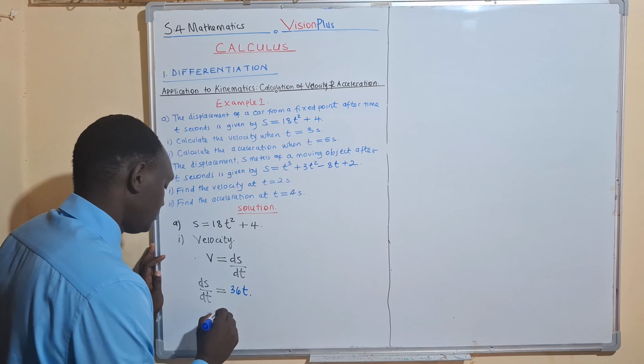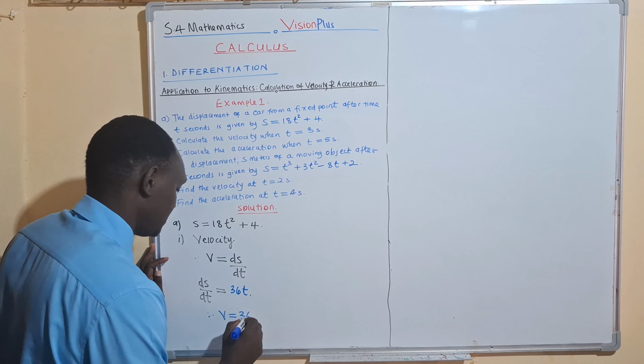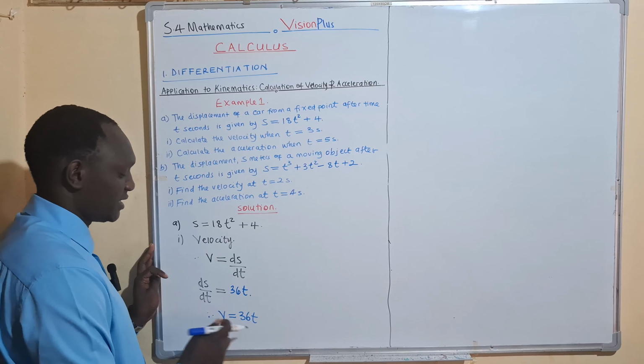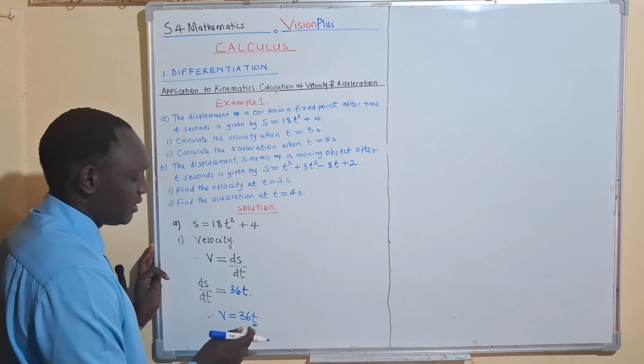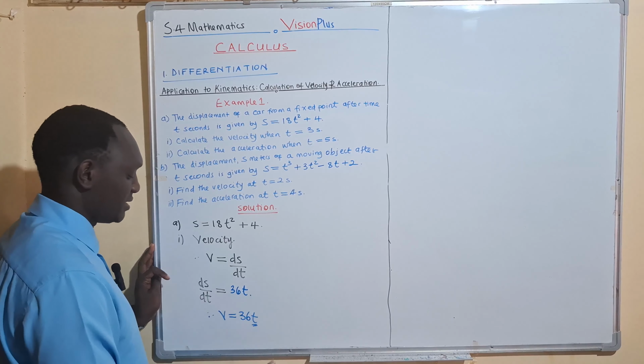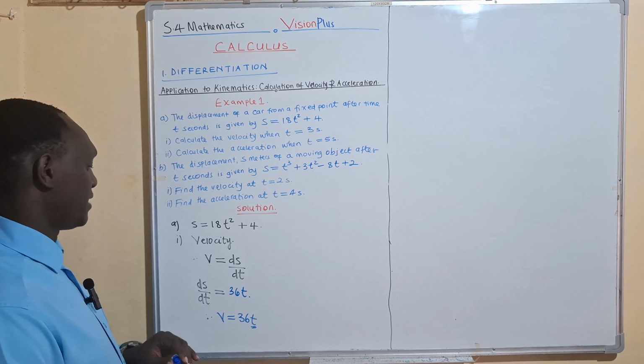So this is the expression for the velocity at any time t. Therefore, velocity is 36t. In this case, t is still a variable. When the time changes, the speed also changes relative to time.